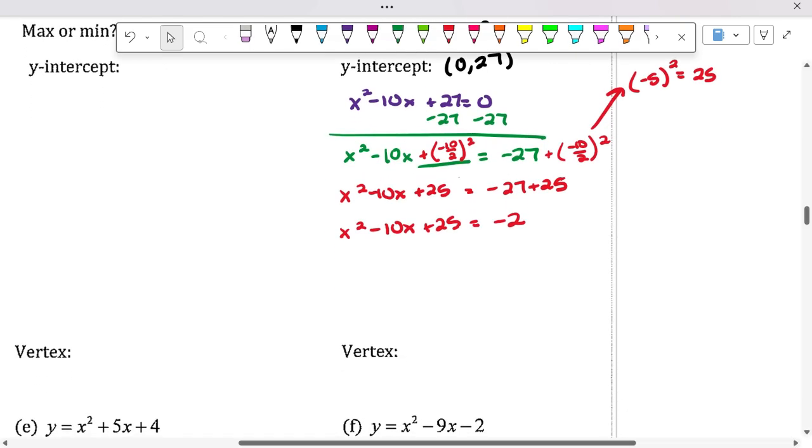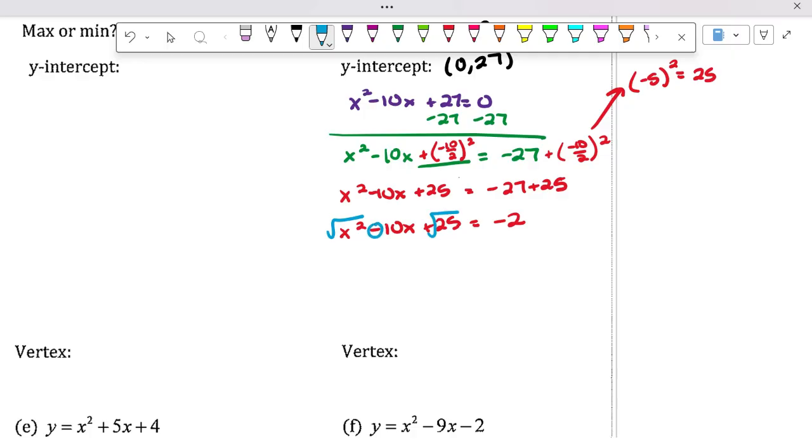What's my next step, Jared? Right, we need to factor it, so we take the square root of the first, square root of the last, keep the sign of the middle.